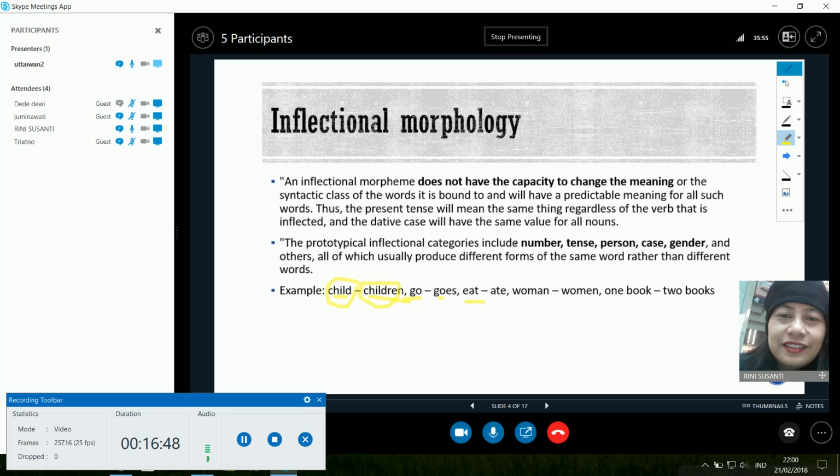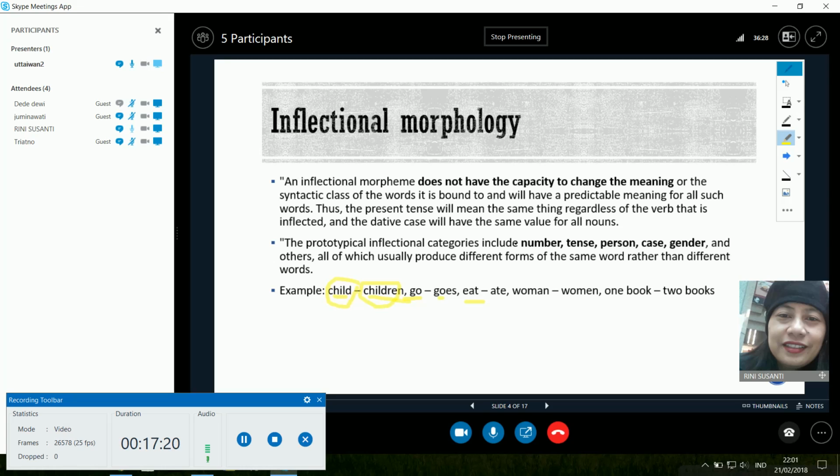Nah, imbuhan i dan an, i dan n itu disebut inflectional morphology. Nah, dalam inflectional sendiri itu terbagi menjadi dua. Ada inflectional dan derivational. When we talk about the inflectional, it means that the word that added the form, it doesn't change the meaning. Jadi imbuhan yang mengikuti itu tidak merubah arti.